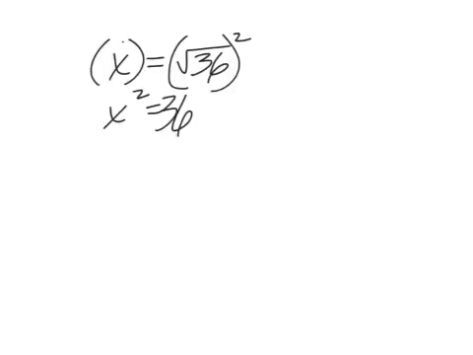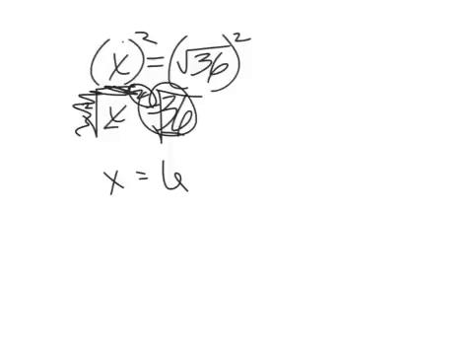So when we square both sides, let me put a 2 up here, then I get x squared equals 36. Notice what happened. When you square a radical, the radical and the exponent disappear and you're left with just a 36. Then if you want to get rid of the squared sign, you take the square root of both sides, and you're left again with just the x, because the 2 cancels out the 2, and that gives you the square root of 36, which is 6.